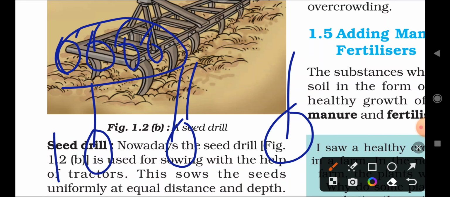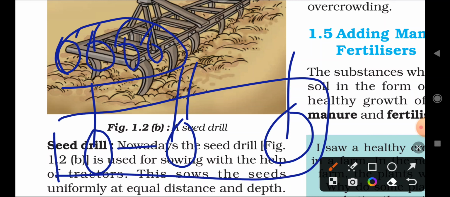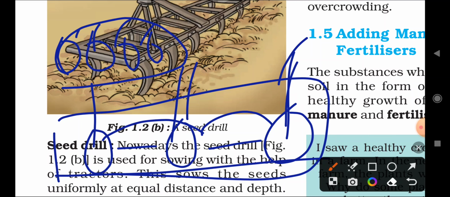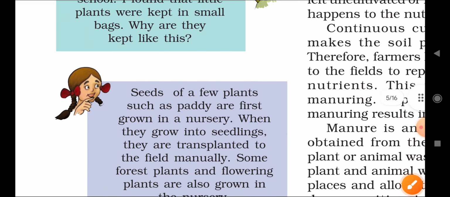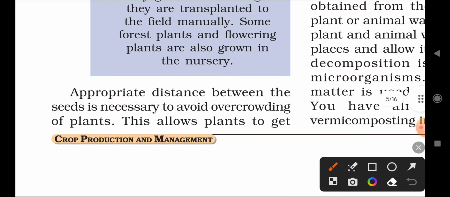But in this case they have more space between them, so they can grow very easily, because they are not competing and are comfortably having their own space. So this is the main advantage of seed drilling: having some distance between the plants.